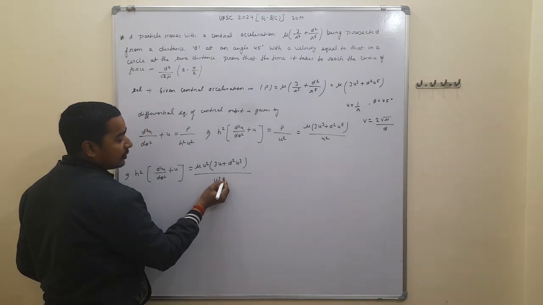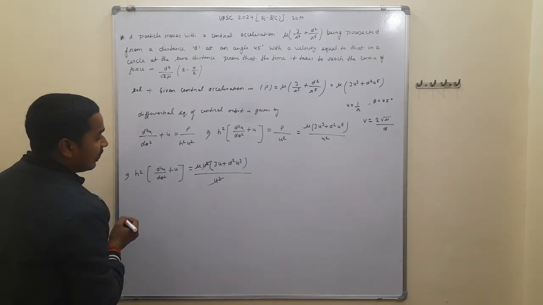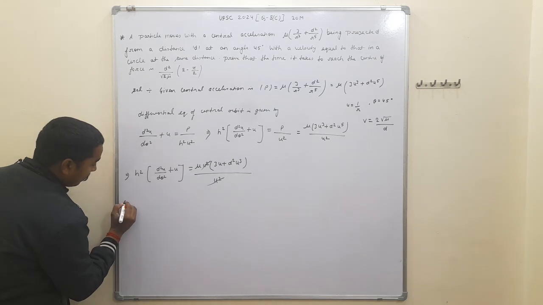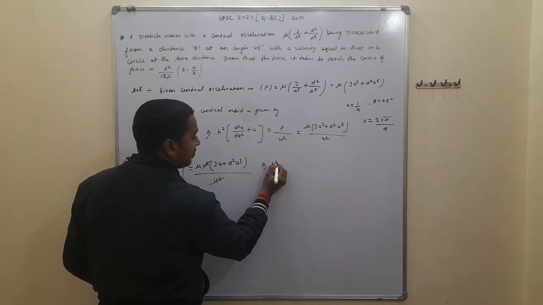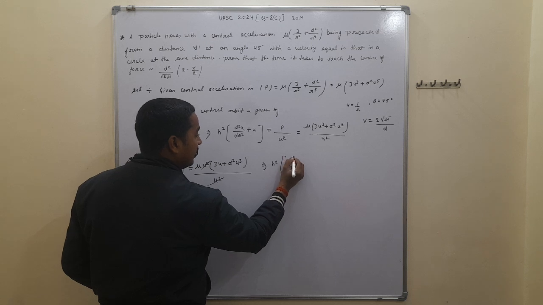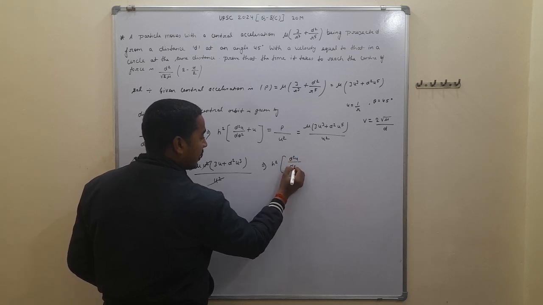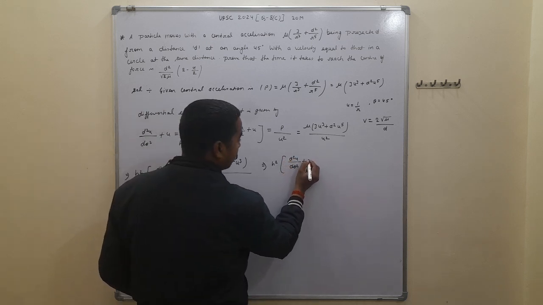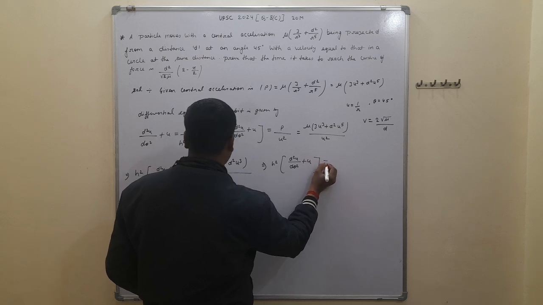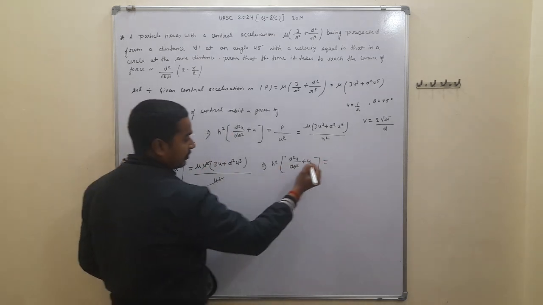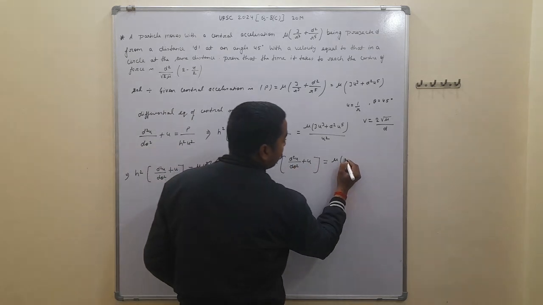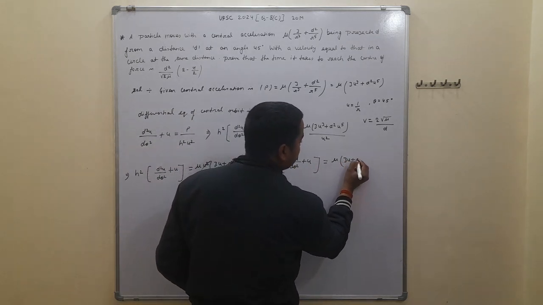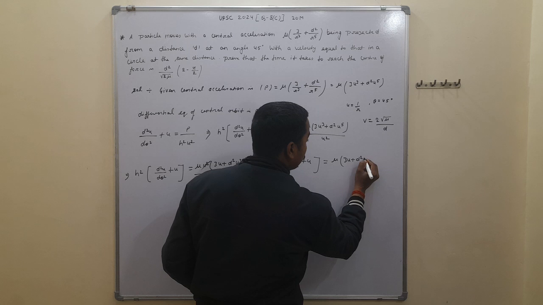From here u square to u square is cancelled out, and the remaining is h square bracket d2u upon d theta square plus u is equal to mu into 3u plus d square u cube.